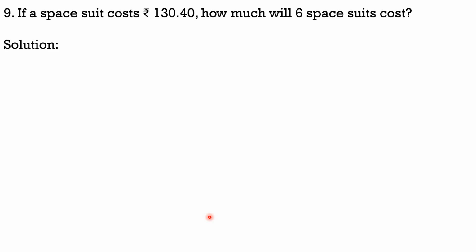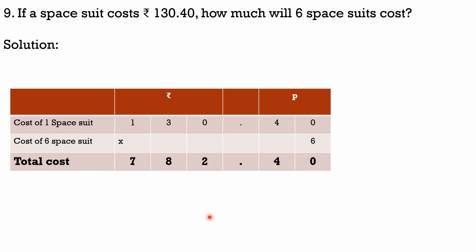Next one. If a spacesuit costs rupees 130.40, how much will 6 spacesuits cost? Here they have given us the cost of 1 spacesuit, that is rupees 130.40. We have to find the cost of 6 spacesuits, so we will multiply.